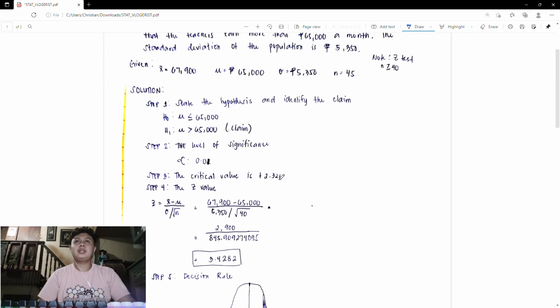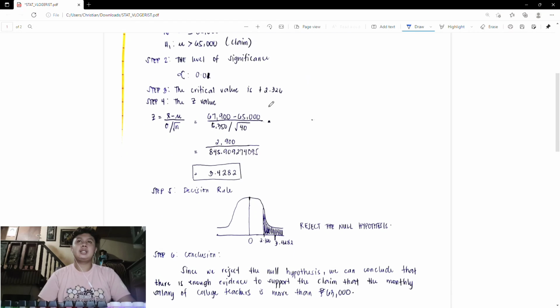After getting that, we solve the value for z. The formula of z is equal to the sample mean minus the population mean, over the population standard deviation divided by the square root of the sample size.